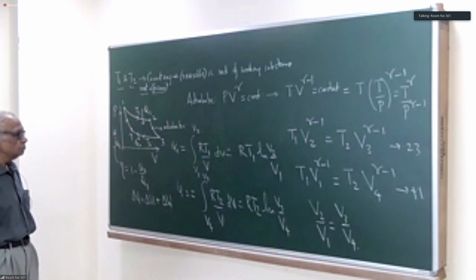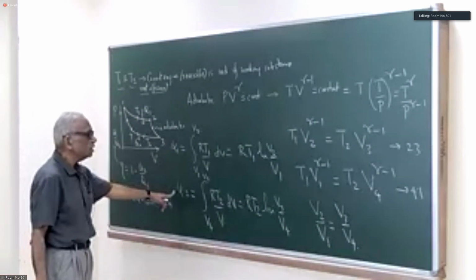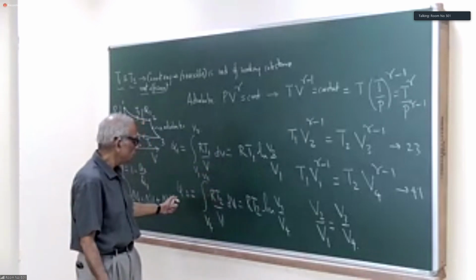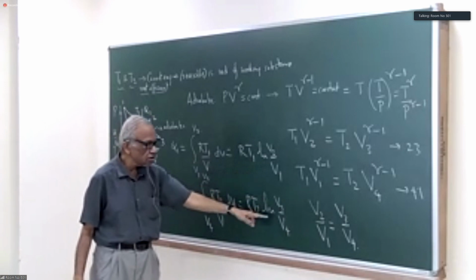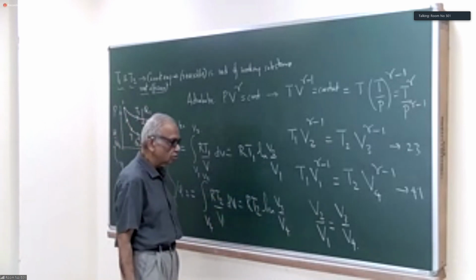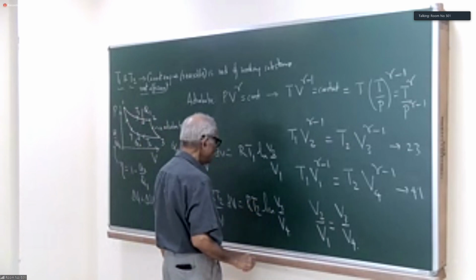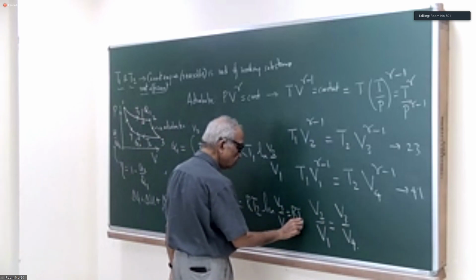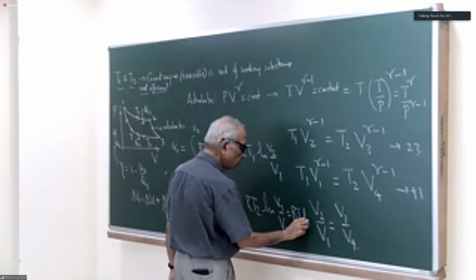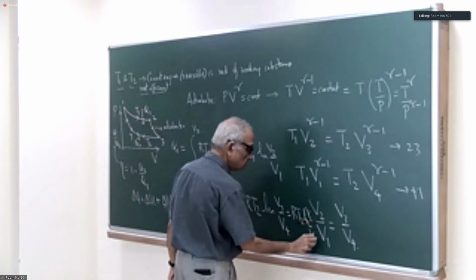So now you see that Q1 is this quantity over here, Q2 is this quantity over here, but this is the same as V2 over V1. So this amount of heat rejected is RT2 times log of V2 over V1.